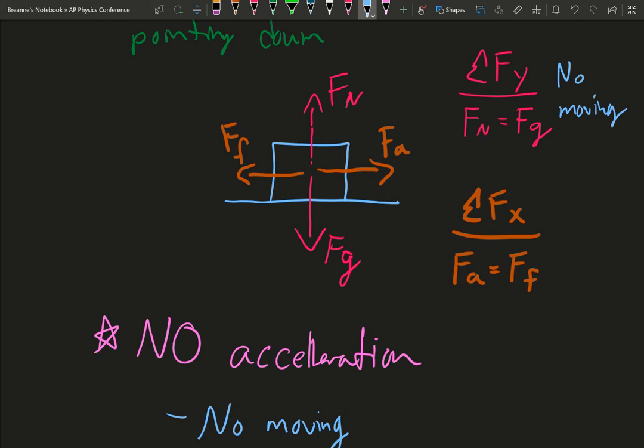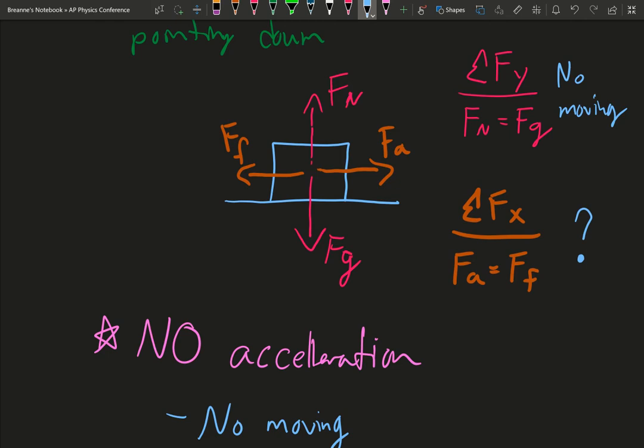And that's when reading the problem comes into play when you're dealing with AP physics. We don't have enough information to know if it's moving or not moving. So if a free response question asks you what this box is doing, you can logically say it's not moving in the y direction, but in the x direction, it could be not moving, or it could be moving at constant velocity, because net forces are balanced, so there's no acceleration.